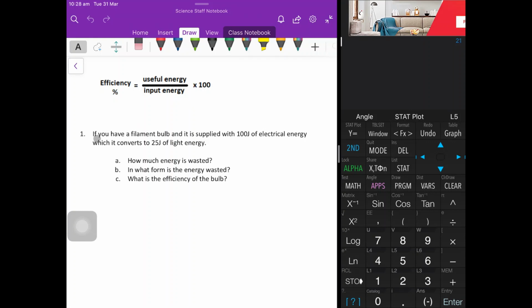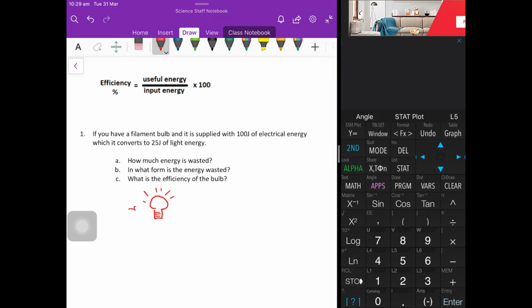Example 1 here says, if you have a filament bulb and it is supplied with 100 joules of electrical energy, which it converts to 25 joules of light energy, how much energy is wasted? Okay, well, let's first of all think about our little light bulb. And this guy here is producing light.